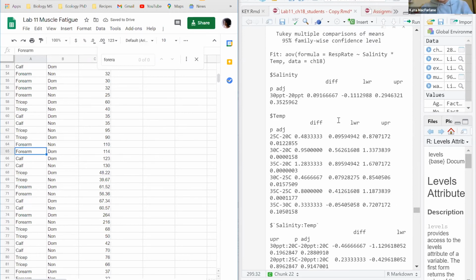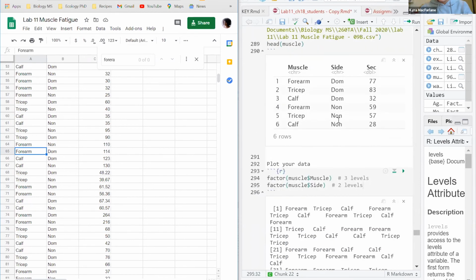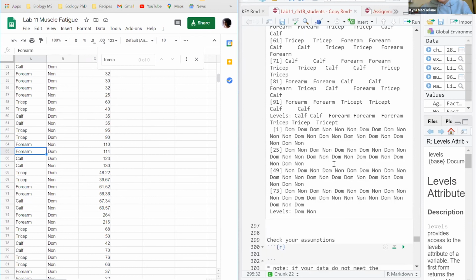Okay, and then we also have tricep with a space.